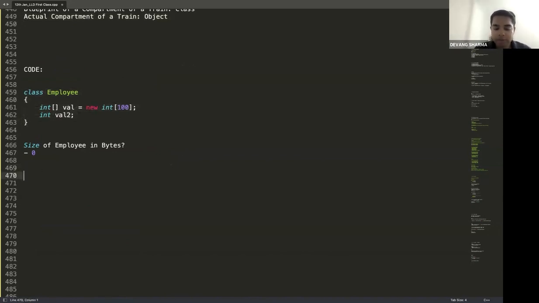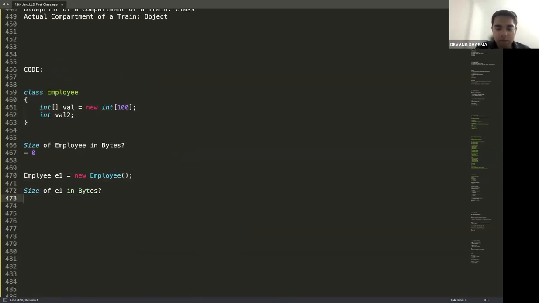The moment I do this, Employee E1 equal to new Employee, now you can say the size of E1 in bytes will be 404 bytes. Why 404 bytes? It is 400 for the array and another 4. So 404 bytes. This part clear to all?